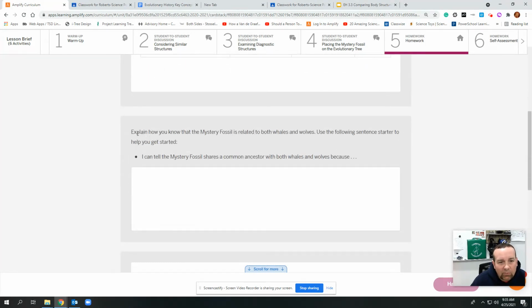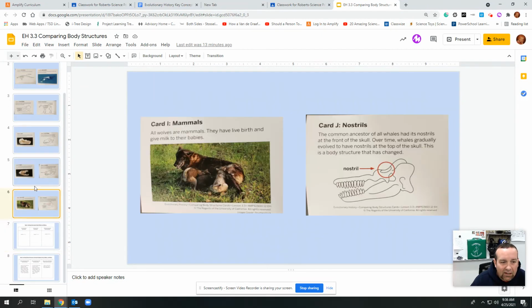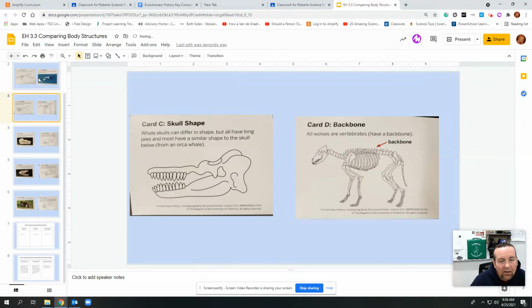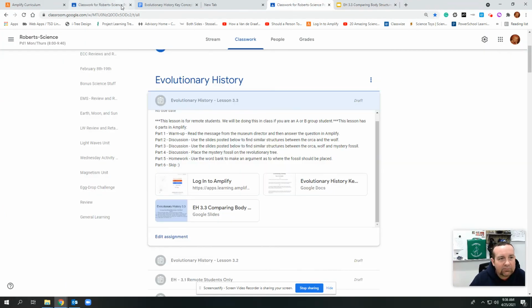Prompt one: explain how you know that the mystery fossil is related to both whales and wolves. Using the sentence starter below, I can tell the mystery fossil shares a common ancestor with wolves and whales because, again, we can use our card sorting activity and the information that we got here on these two tables and in the cards that are posted here to answer that question.